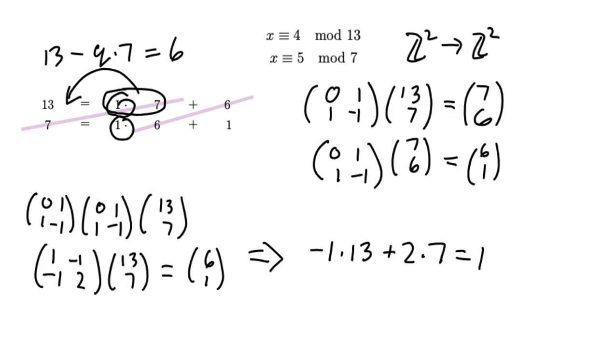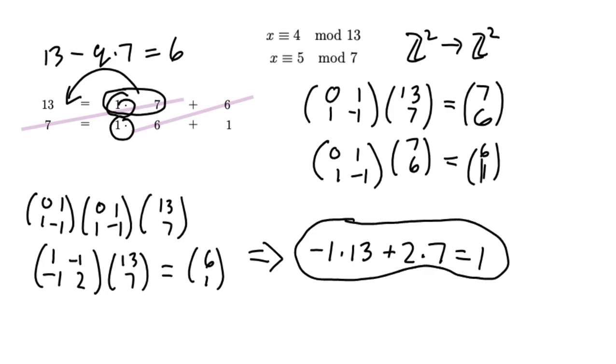We can apply the same idea here, to get a matrix that multiplies 7, 6 to give the next line, 6 and 1. Now, what am I doing here, and why is this important? We're setting up to find quickly a sum of two things that equals 1, such that one of the things is a multiple of 13 and the other is a multiple of 7.